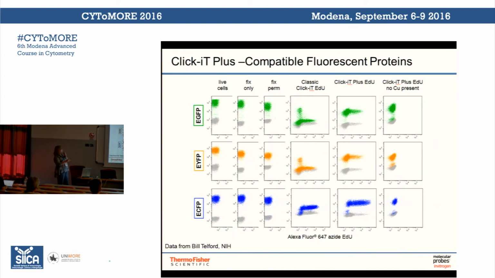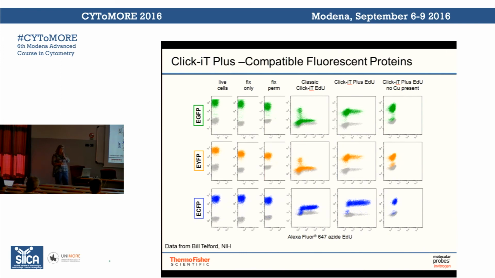And so here we have live cells with 3 different fluorescent proteins. We're adding in a fix, and we still see fluorescence intensity. When we add in the perm, there might be some decline of the fluorescence intensity.